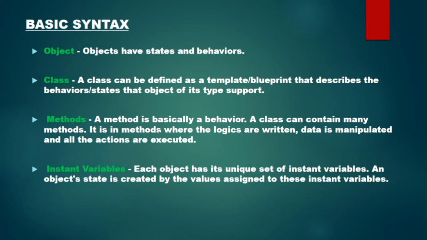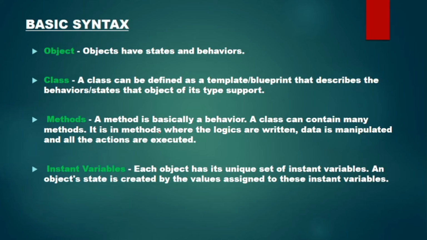For example, a dog has states: a color, a name, a breed, as well as behaviors: wagging, barking, and eating. An object is an instance of a class. A class can be defined as a template or blueprint that describes the behaviors and states that objects of each type support.